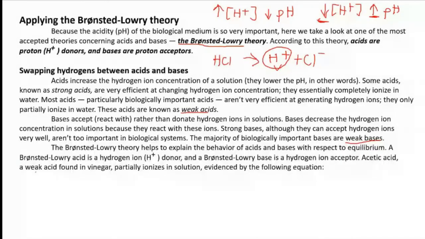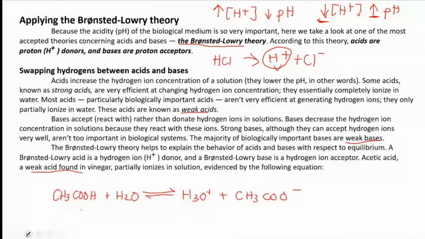Acetic acid, which is the weak acid found in vinegar, partly ionizes in the solution. So we have CH3COOH plus water, forming your H3O plus and CH3COO negative. Ayan.